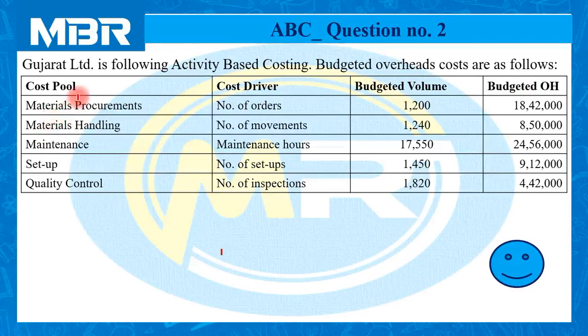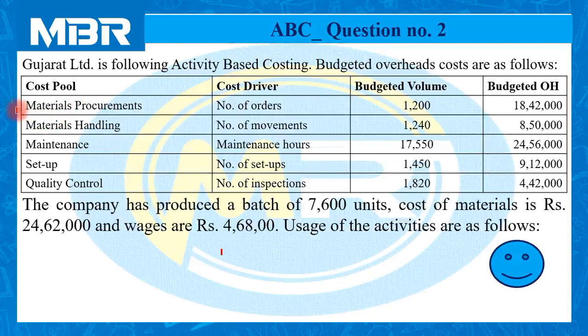The first activity or first cost pool is all about materials procurement, that is related to materials. It is based on number of orders. 1200 orders are estimated during the year and budgeted overheads to be incurred on materials procurement are 18,42,000. The second activity is material handling.